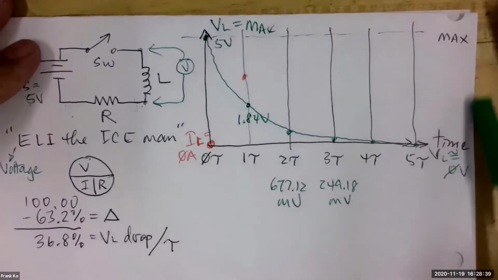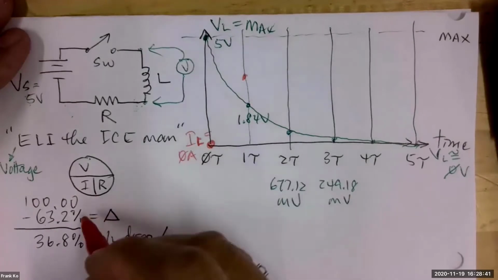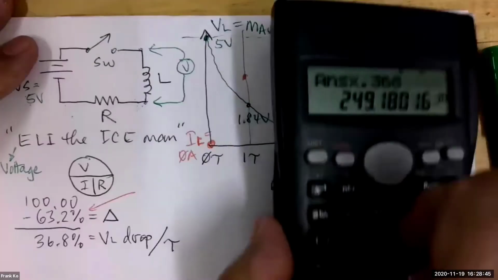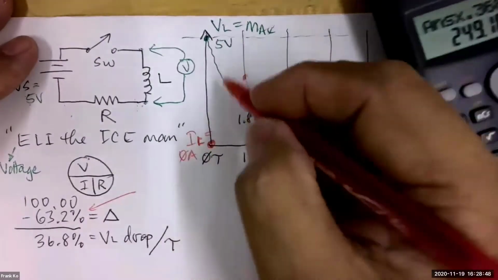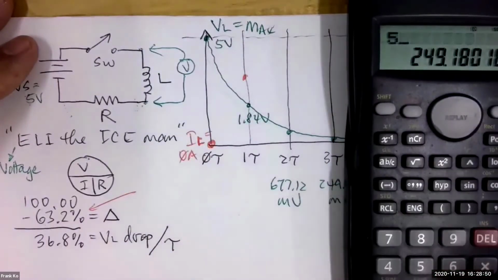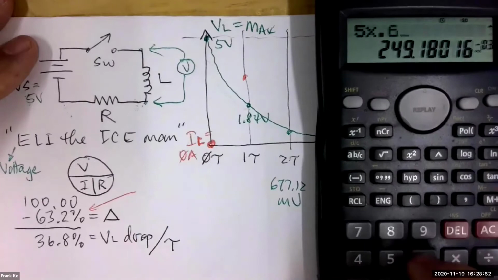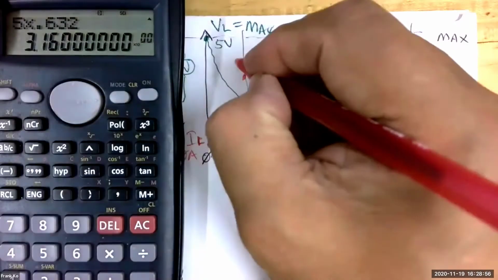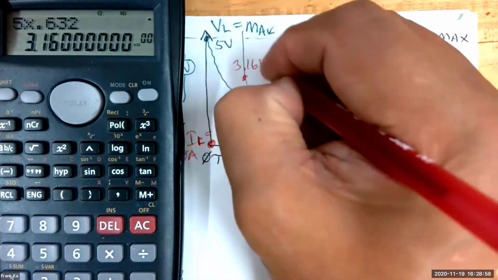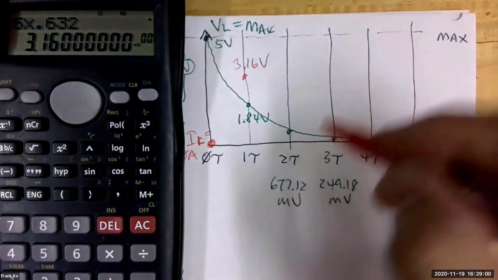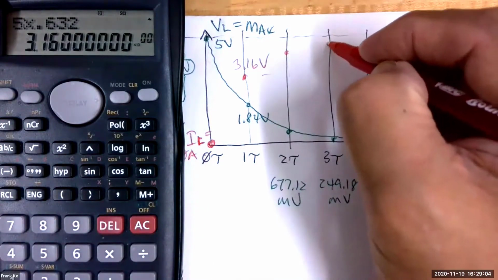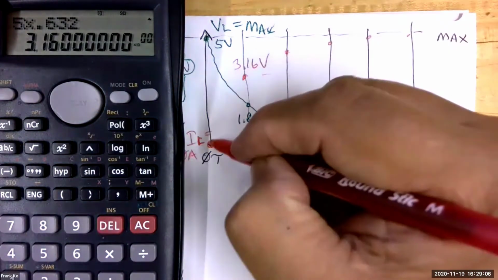What happens to IL? IL increases by 63.2%. So it will come up to 5 times 0.632. It will come up to 3.16 in that first time constant. And then it'll go another 63.2% and more and more and more.